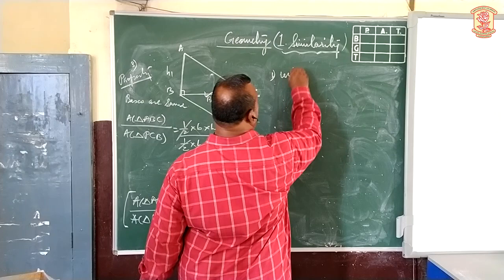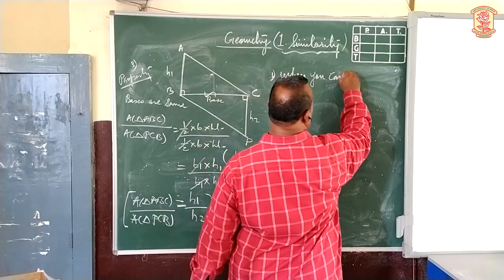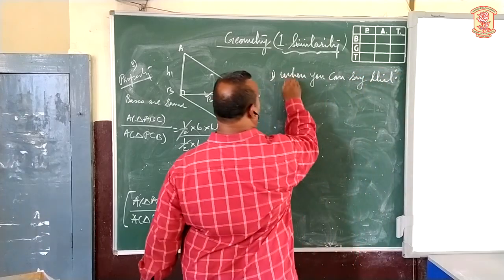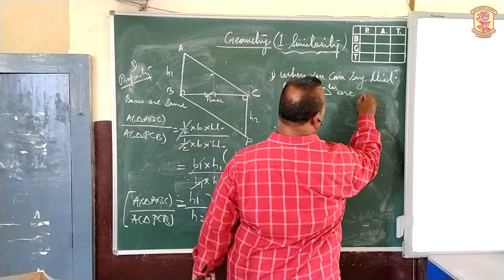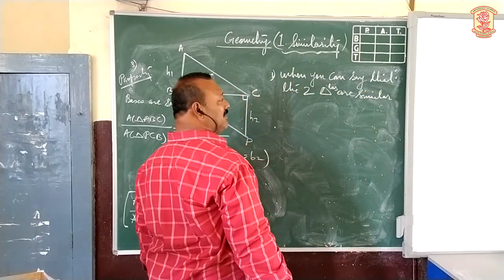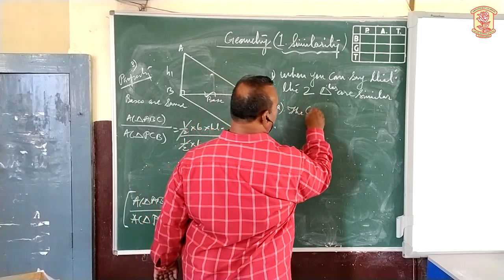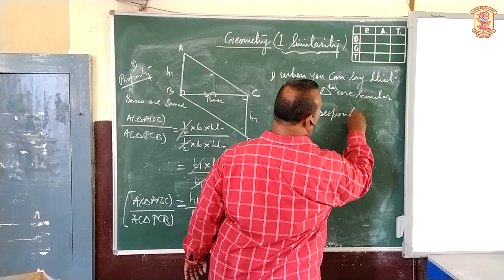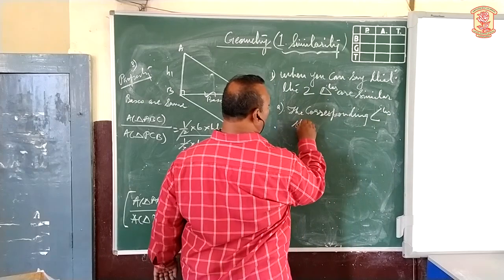Now, when can you say that the two triangles are similar? The first condition is that the corresponding angles should be congruent.